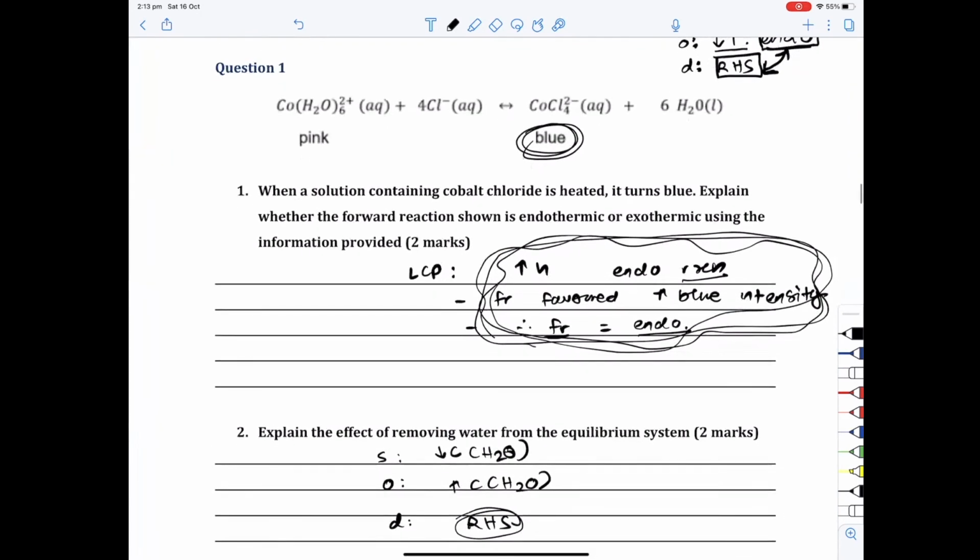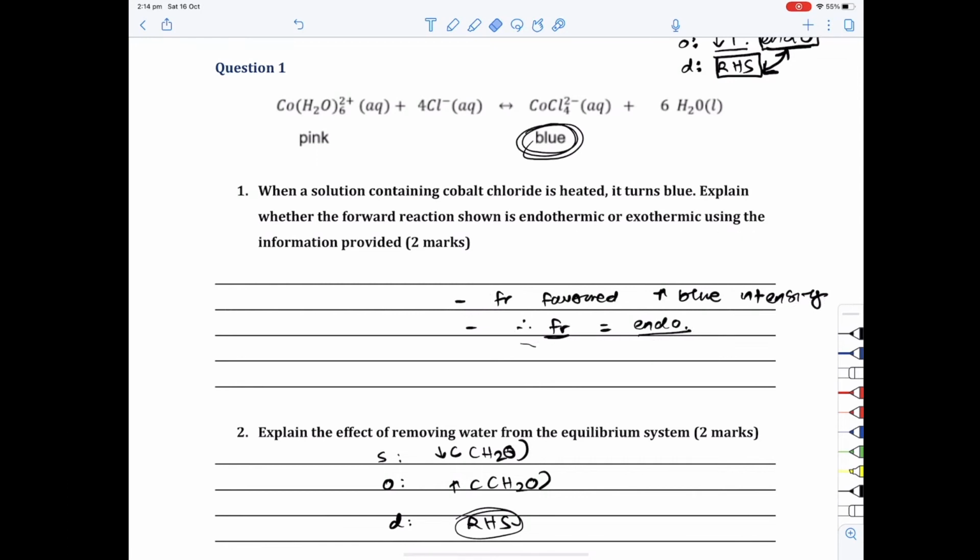And we collectively mentioned that decreasing the concentration of water causes us to increase the concentration of water due to LCP, and thus we'll shift to the right-hand side. What do you think about that answer? Yeah, it seems about right. Okay, so Pranav, do you want to clarify to us what the trap was here?